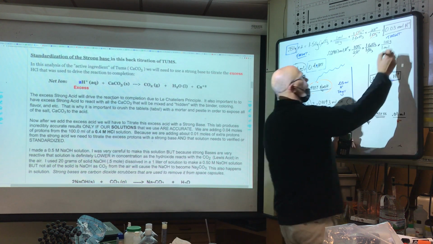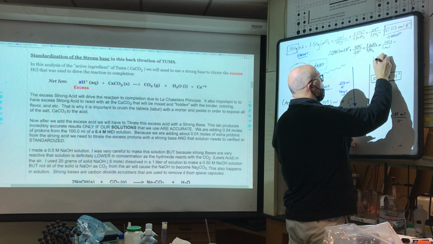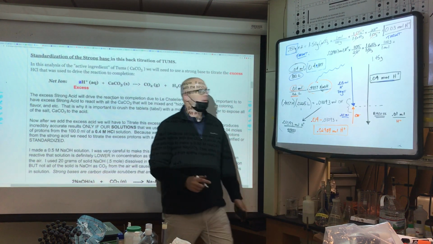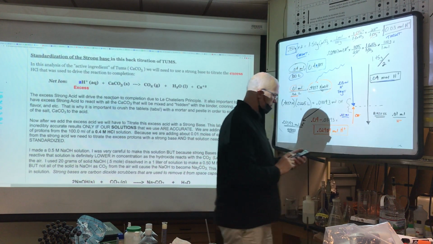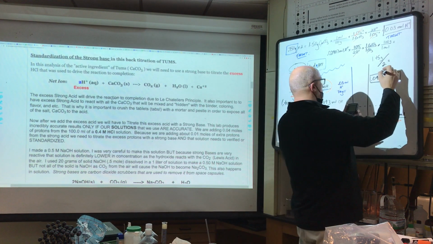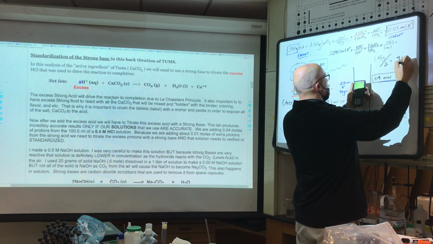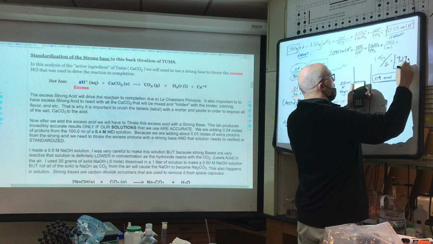And this group got 1.45 grams. But that's for 2 tablets. Divide by 2. And you get 0.727 grams of your active ingredient.